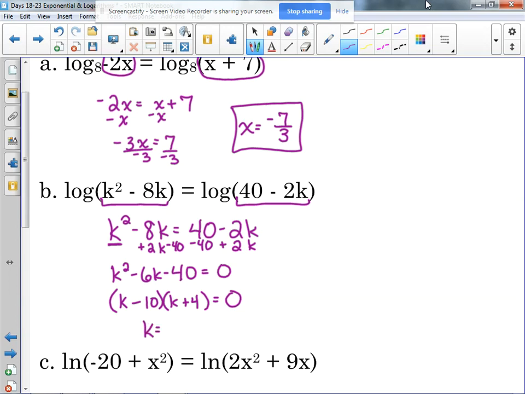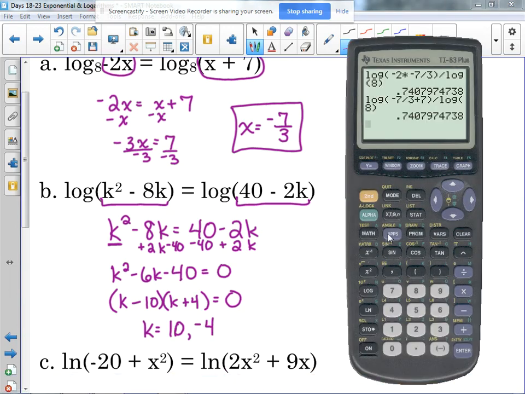So that tells us that positive 10 and negative 4 are possible solutions. Particularly when there are two solutions, you definitely want to check both of those, because in a lot of cases, one, if not both of them, end up getting thrown out. They are extraneous solutions similar to what we found with our rational equations.